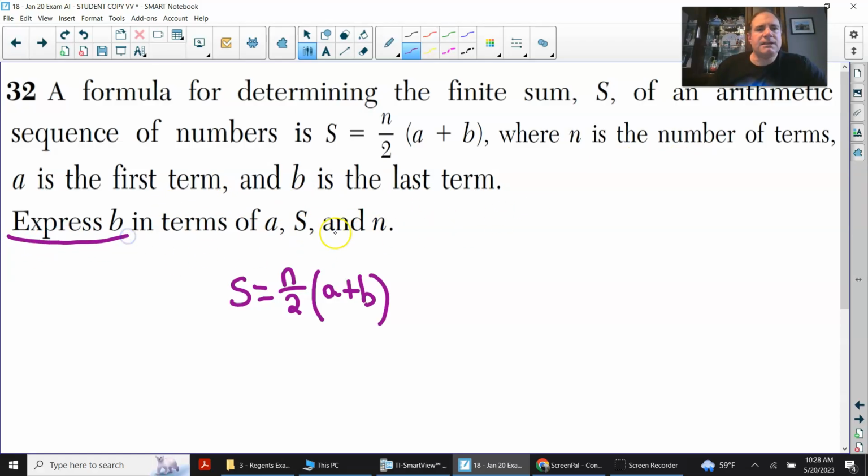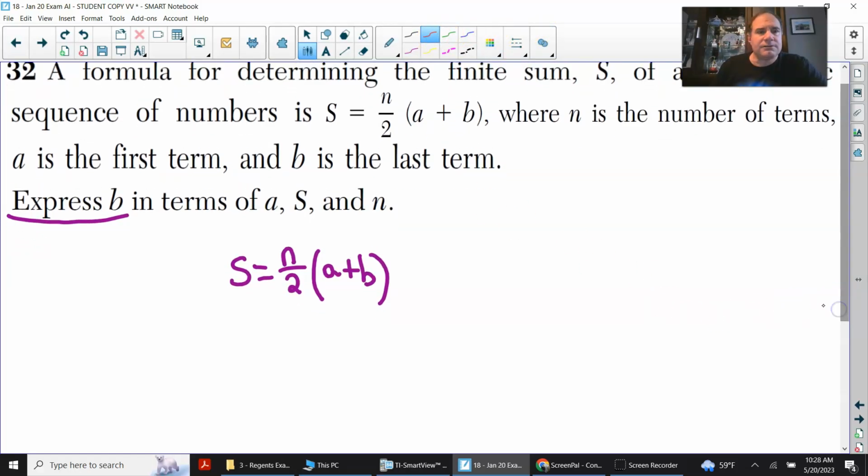Express b in terms of the others. So they want you to solve for b. Please do not distribute. I know that all math teachers tell you to distribute, but not when you're solving a literal equation.